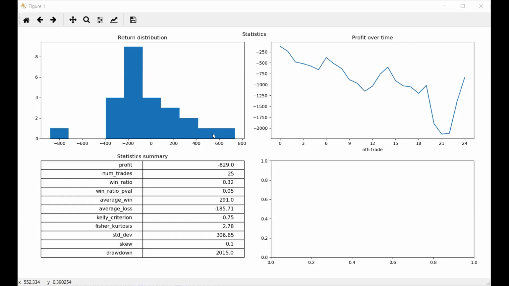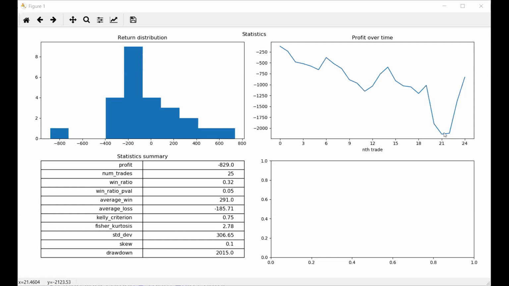The losses are few, but they're large. That leads to large drawdowns, and drawdown is basically the largest distance between a peak and a trough.